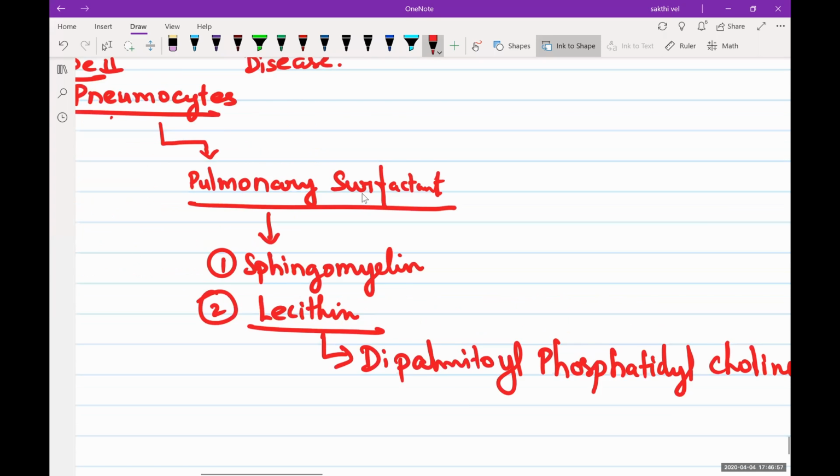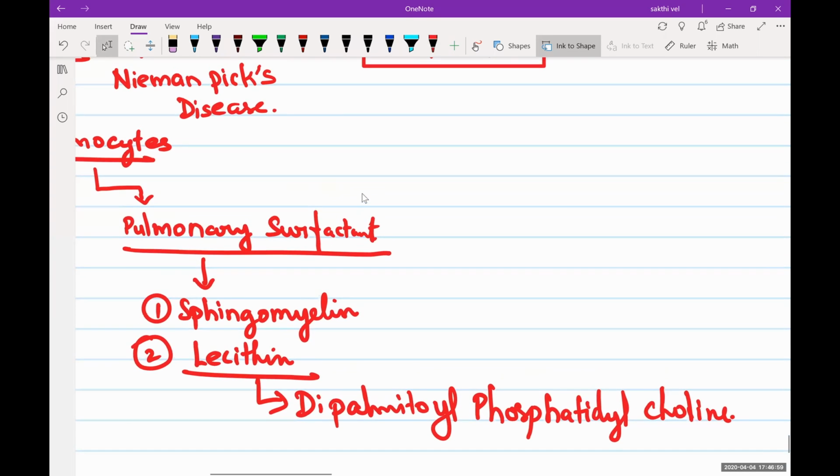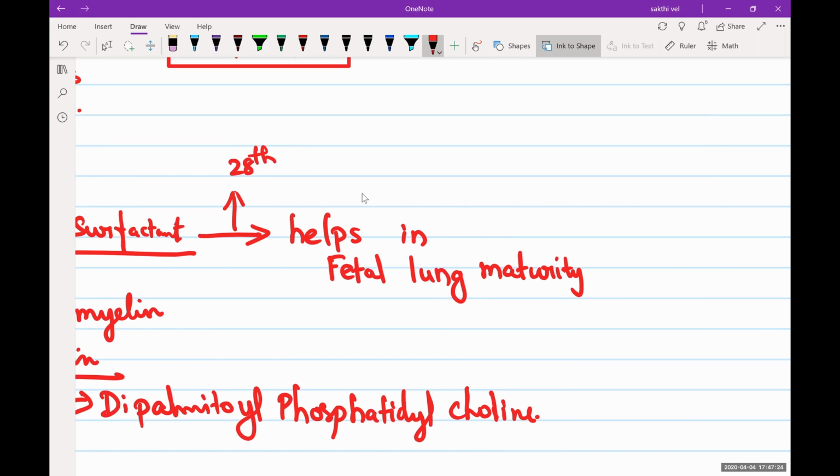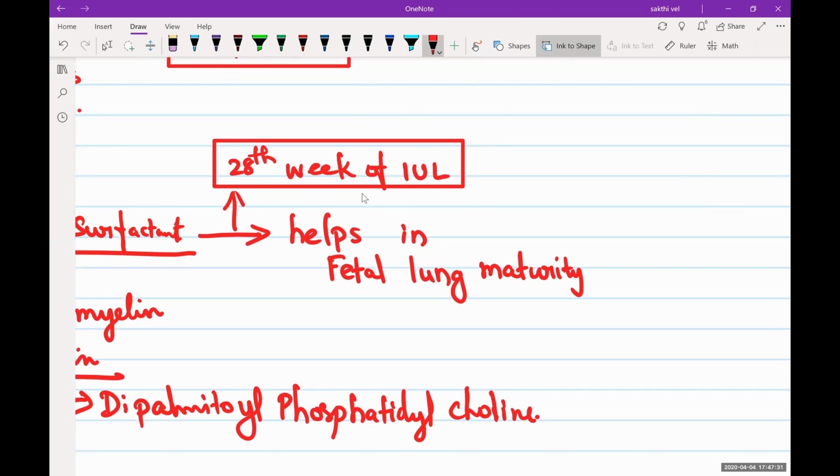What is the main purpose of this pulmonary surfactant? It helps in fetal lung maturity. So when will the pulmonary surfactant start being synthesized? It starts synthesizing at the 28th week of intrauterine life.